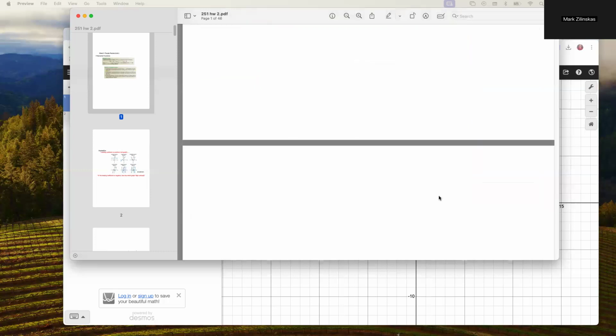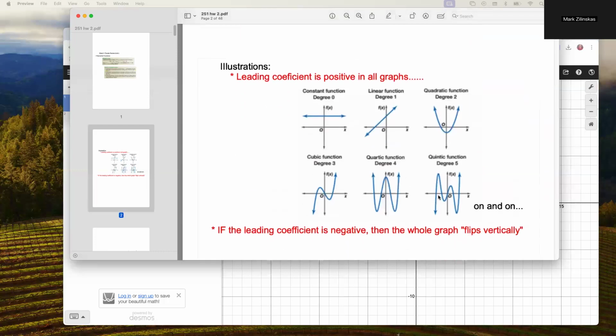So let's take a look at some examples here. Here again, we're saying that the leading coefficient is positive in all these graphs. We didn't give their equations, but here's degree 0. Just think about it. A 0 degree function is just a constant function like f of x equals 5 or f of x equals 3, so it's just some constant value.